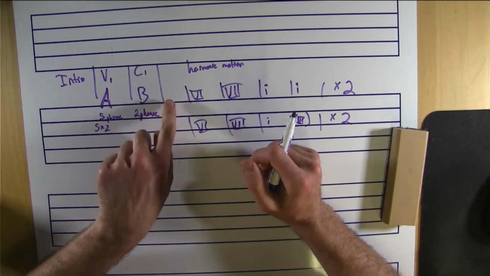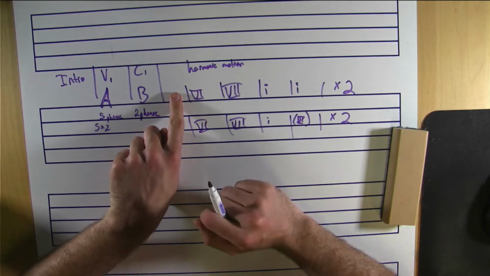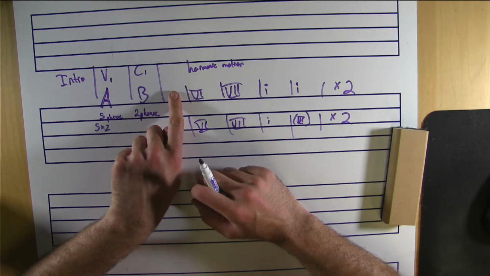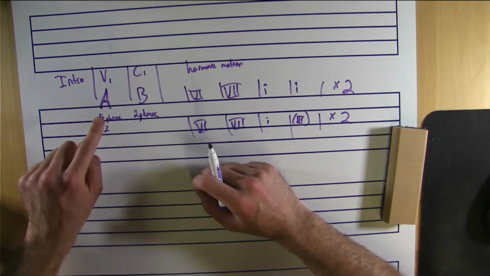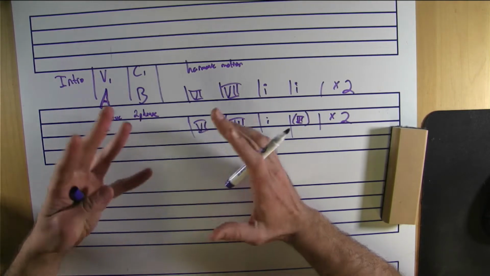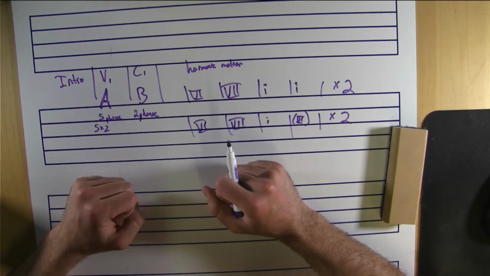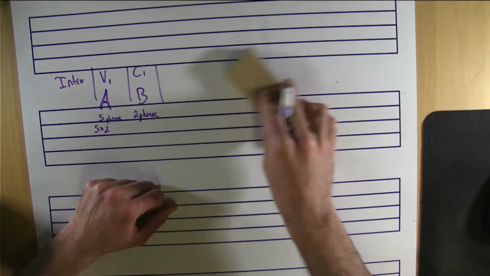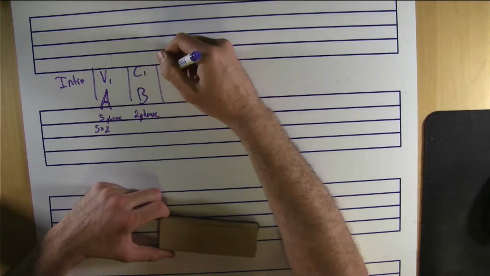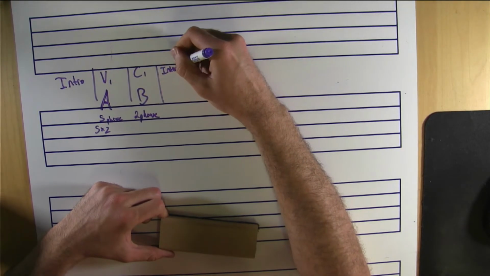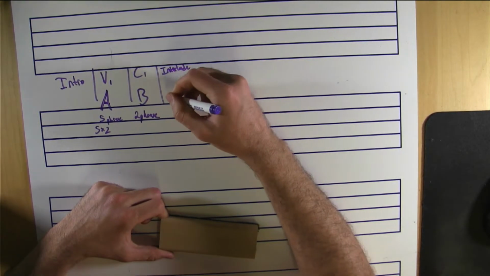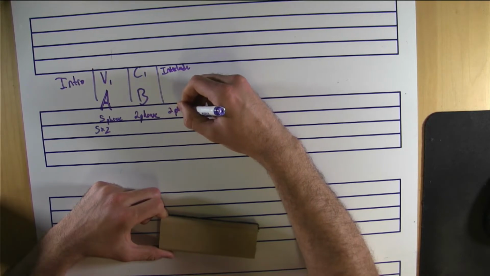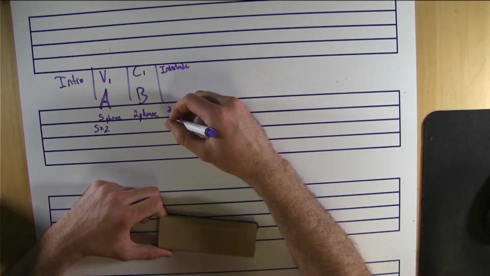But I want to acknowledge the fact that these 2 phrases are really similar to the intro. So it's got to be something. There's got to be some kind of a solution here. So I think what we'll do, so interlude, we have 2 phrases, and I'll write like intro.